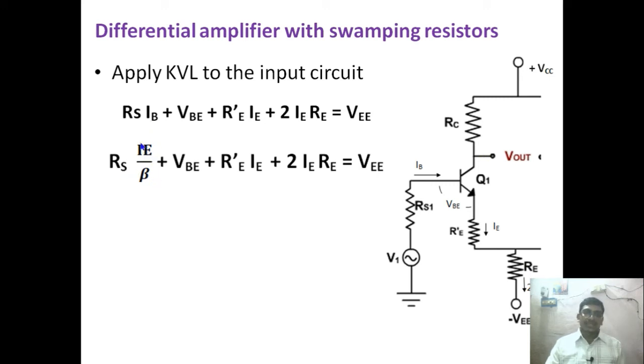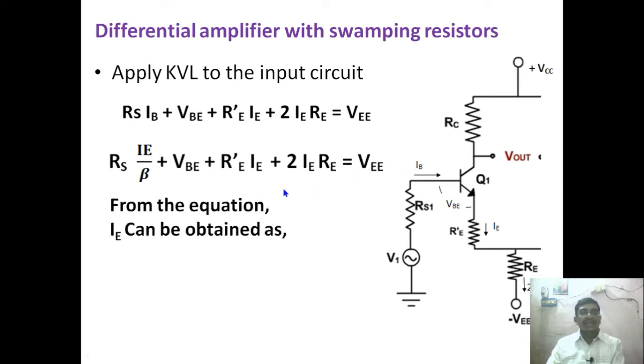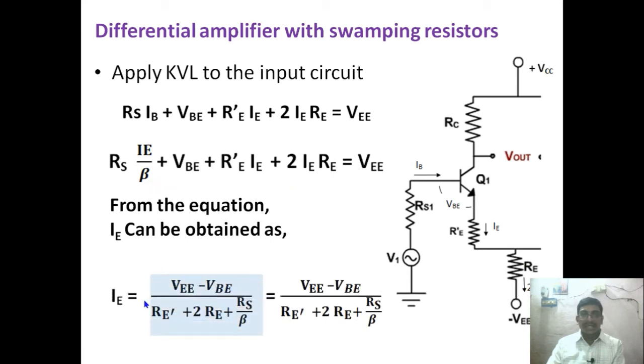Okay, RS into IE by beta plus VBE plus RE dash IE plus 2 IE RE is equal to VEE. You can observe here IE is present in these three terms. Then we can take IE common in the three terms, and also transfer this VBE to the right hand side, which becomes VEE minus VBE, and rearrange the equation to get the IE value.